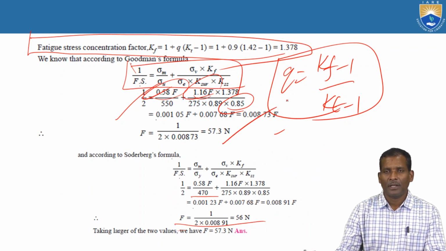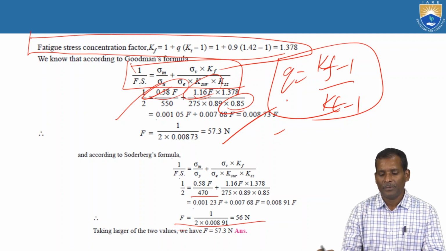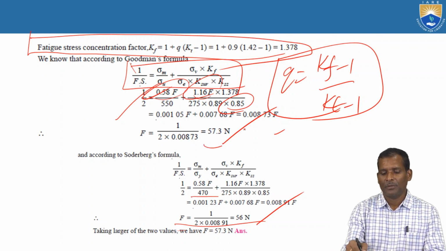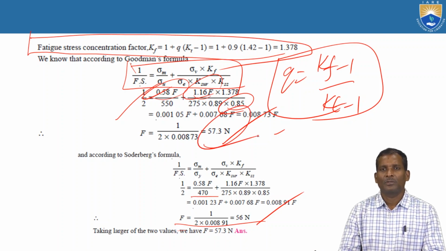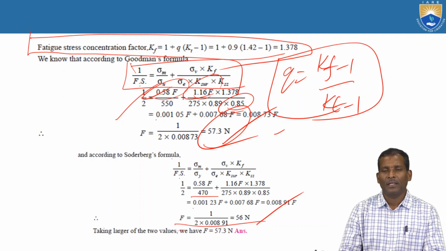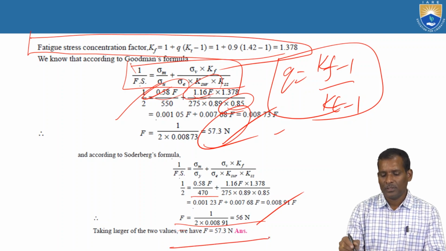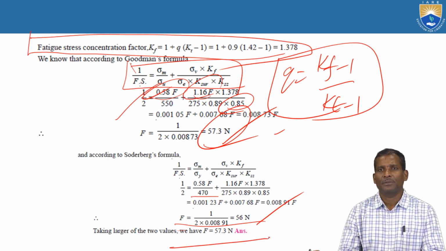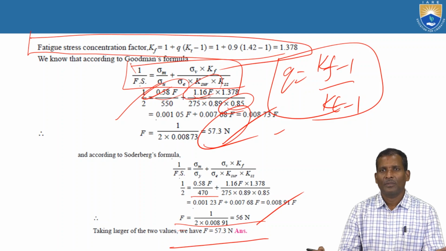Here in the first case, according to Goodman, 57.3. According to Soderberg, 56 newtons. Which one is larger? 57.3. So you can fix the final load value as 57.3 newtons. Like this, you need to calculate the problems on endurance limit.